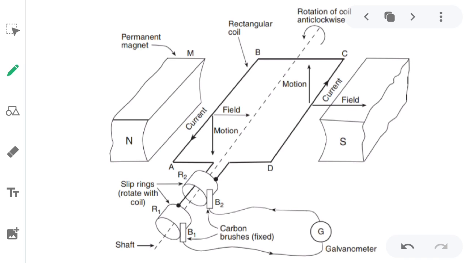In that case, AB will cut the magnetic field produced near the south pole and CD will cut the magnetic field produced near the north pole. That's why the direction of current will change and it will become from A to B and C to D.